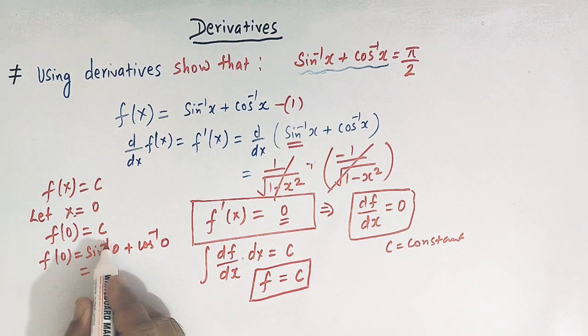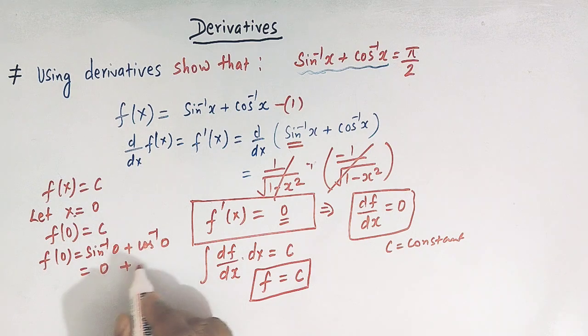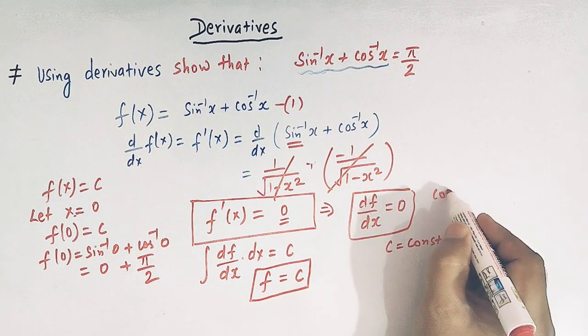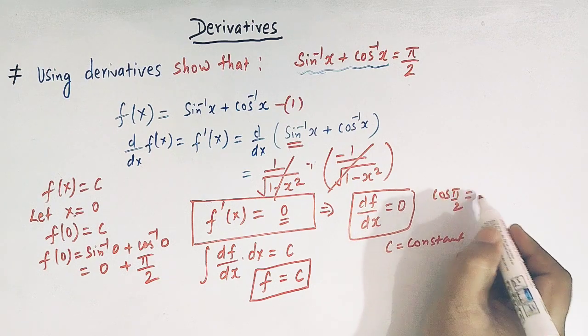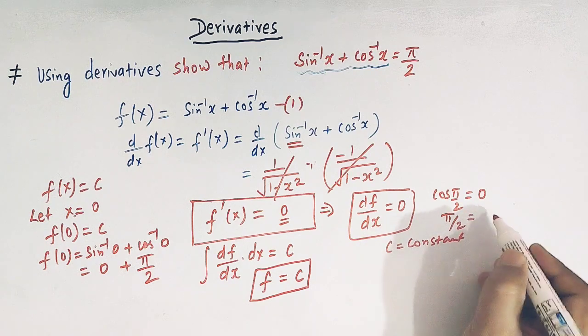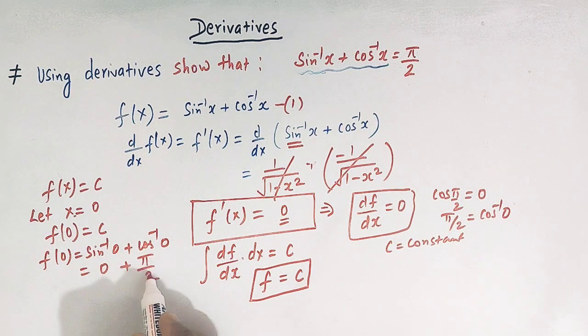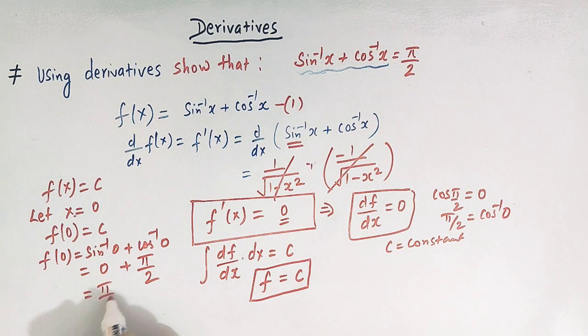Sine inverse 0 is 0, and cos inverse 0 is equal to pi by 2, because cos pi by 2 is equal to 0. So we have 0 plus pi by 2, which is pi by 2. So we have obtained f of 0 is equal to pi by 2.